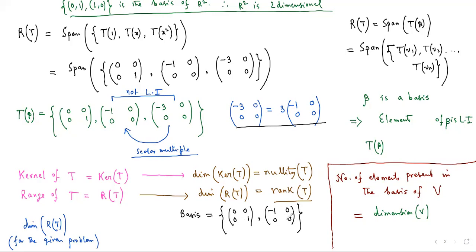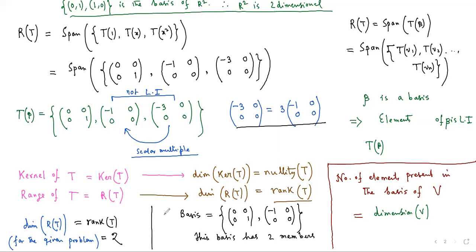How many members are present in this particular basis? Two. So this basis has two elements, and therefore the dimension of R(T), or the rank of T, in this particular case is equal to 2.